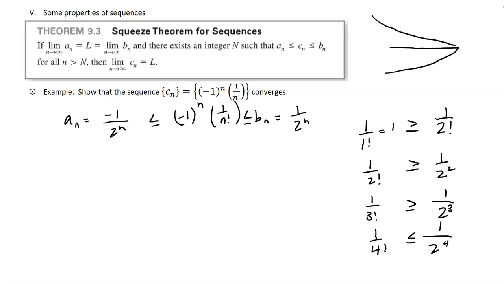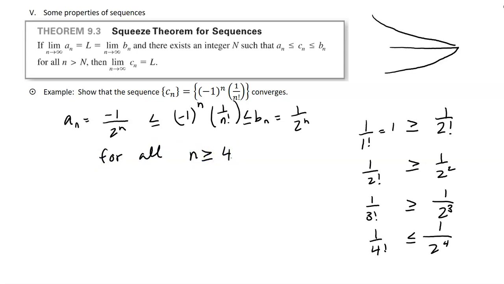And then the negative side of that means that this would be on the other side. So for all n greater than or equal to 4, this is the case.